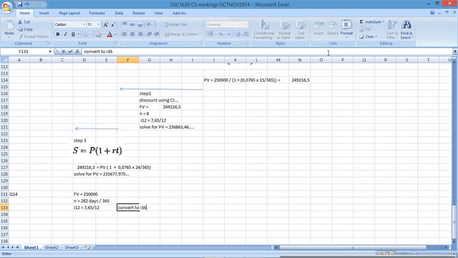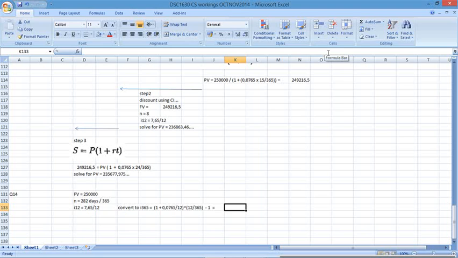to I-365. So I-365 will be 1 plus 0.0765 divided by 12, close brackets, to the power, open brackets, I-12 over 365, close brackets, minus 1 gives me a rate of.